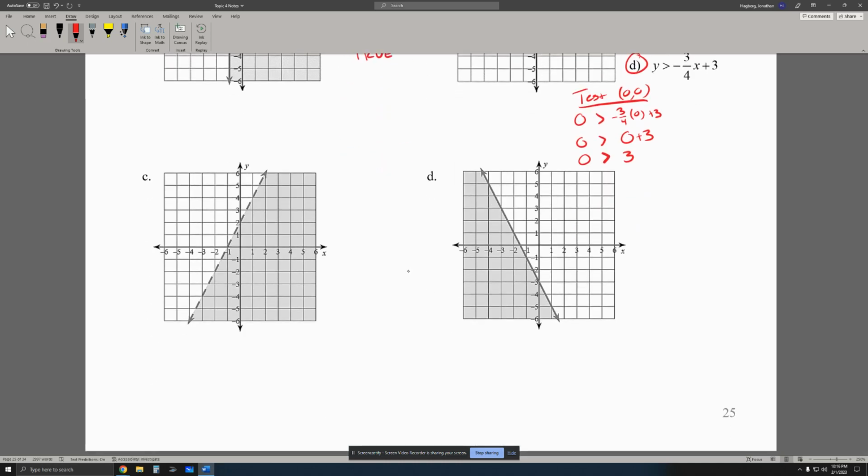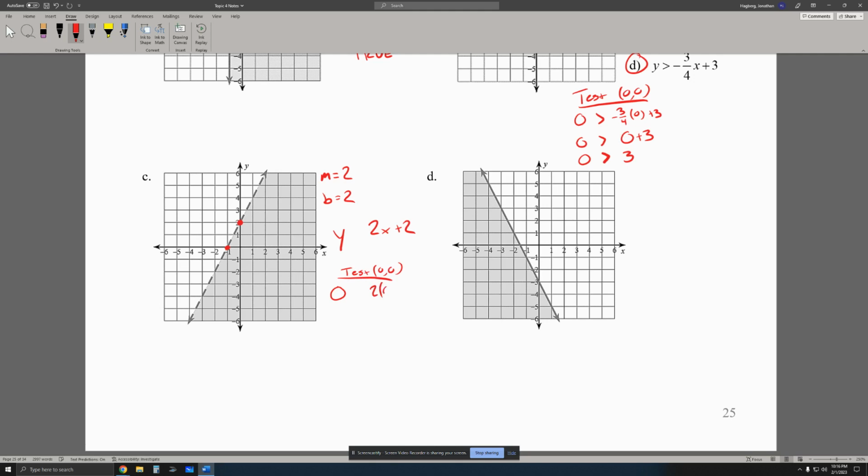Okay, letter C. Here we have a y-intercept of 2 and a slope of up 2 to the right 1. So the slope is 2 and the y-intercept is 2. So we have y, some relation, 2x plus 2. And we want to contain the point 0, 0. So if we test 0, 0, we would want this inequality to be true.